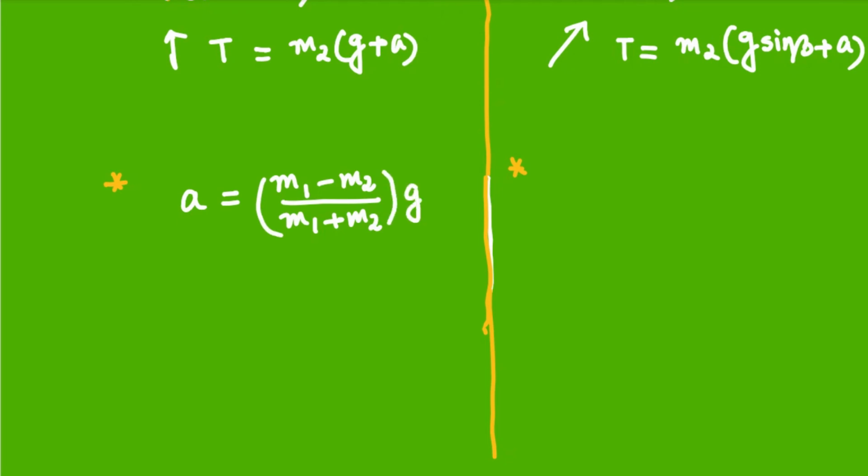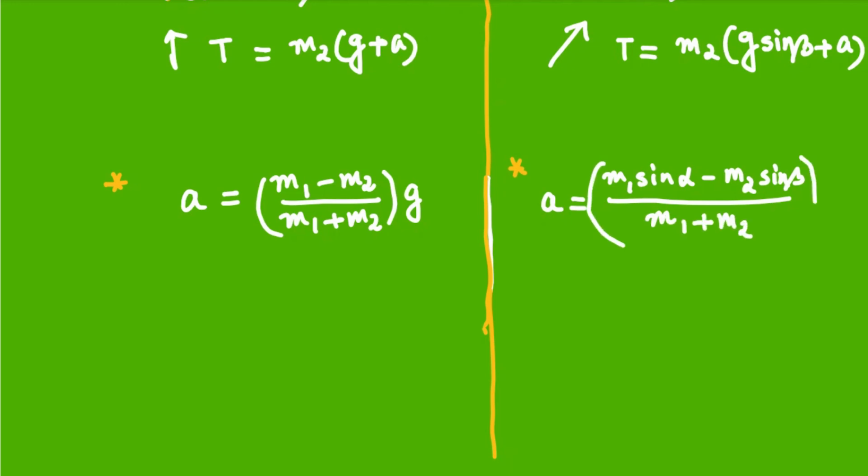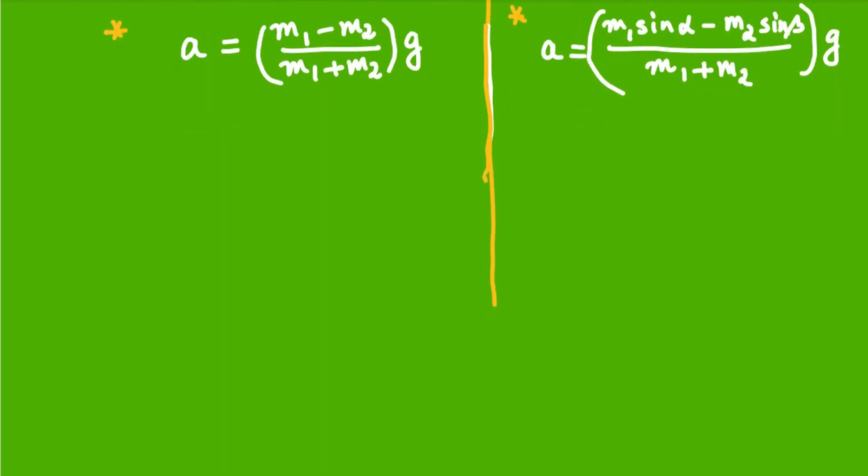That is the common acceleration of the two bodies. And here, the common acceleration of the two bodies placed on the two inclined planes is what? m1 sin alpha minus m2 sin beta whole divided by m1 plus m2, bracket closed into g. So if we put alpha and beta as 90 degrees, then we get the general formula, which is m1 minus m2 divided by m1 plus m2 into g.